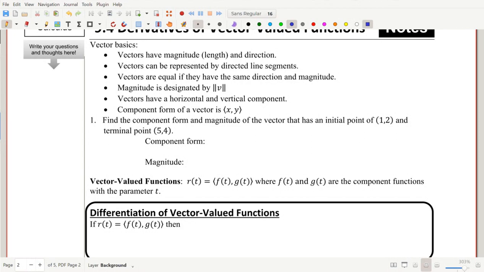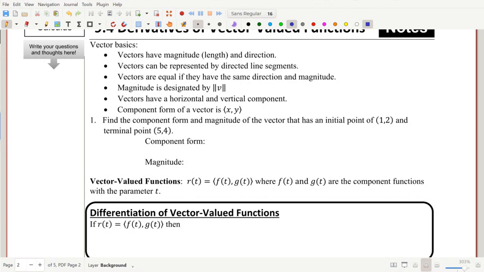Some vector basics. Vectors have a magnitude or a length and a direction. Vectors can be represented by directed line segments, so a line with an arrow on it. Vectors are equal if they have the same direction and magnitude.